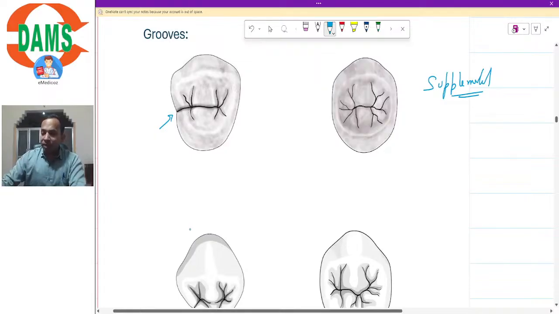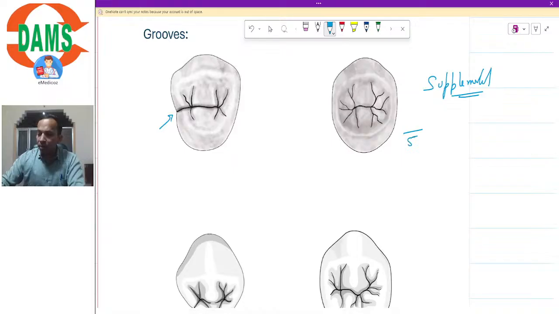So where are the supplemental grooves seen? Maximum supplemental grooves are seen on mandibular second premolars, right? Maximum developmental grooves. I'm sorry. Maxillary second premolar. Maximum supplemental grooves amongst the premolars are seen on maxillary second premolar, then on the mandibular second premolar.